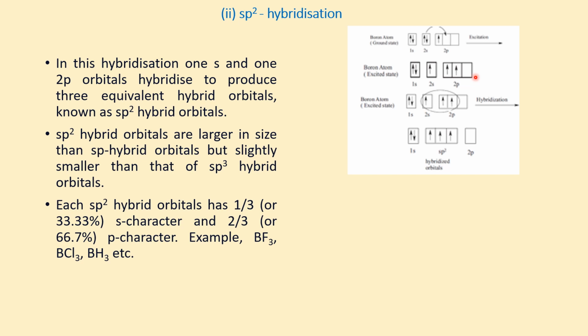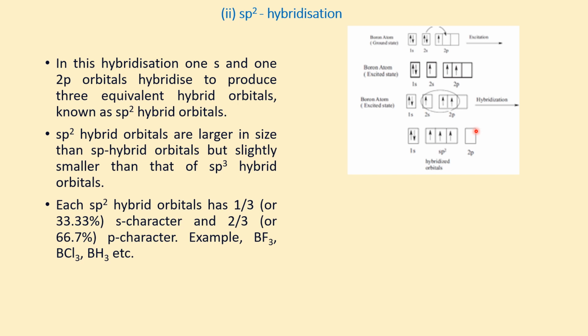As a result, boron has three unpaired electrons, that is one 2s and two 2p, which hybridize to form sp2 orbitals, and these three hybrid orbitals so formed are oriented in a trigonal planar arrangement and overlap with the 2p orbitals of chlorine to form three B-Cl bonds.